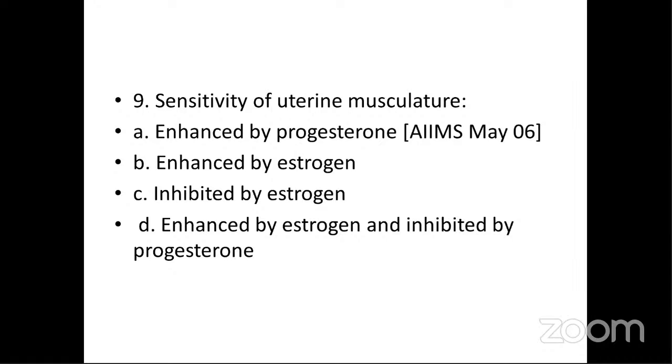So progesterone has an inhibitory action on the sensitivity of the uterine musculature, and it will to some extent prevent the uterine contractions and the progression of the labor, whereas the reverse is true for the estrogen, that is, it enhances the sensitivity of the uterine musculature and helps in improving the uterine contractions. Okay.